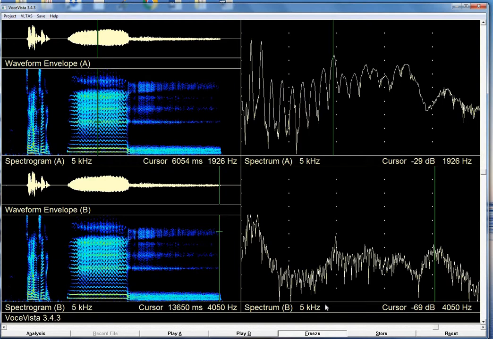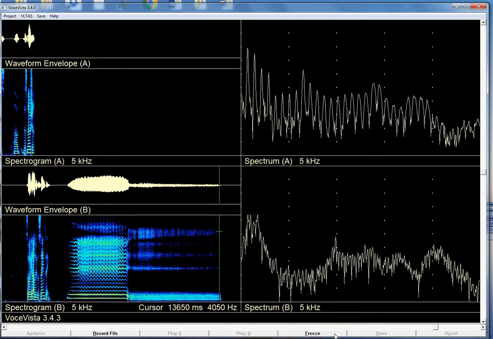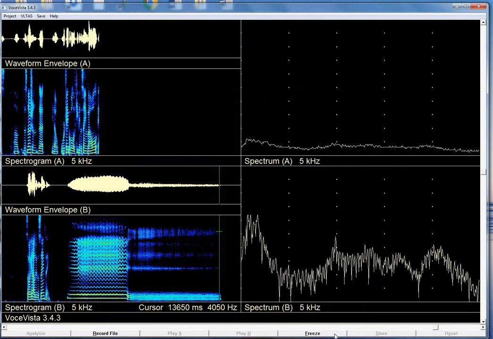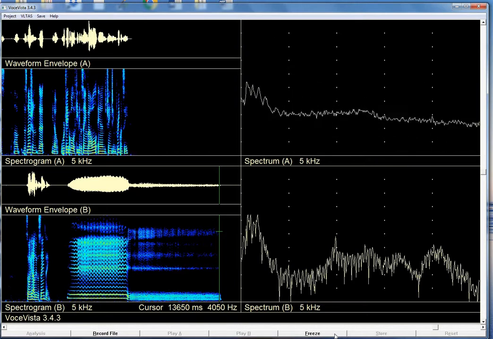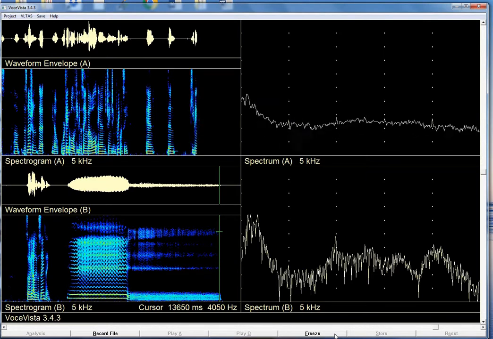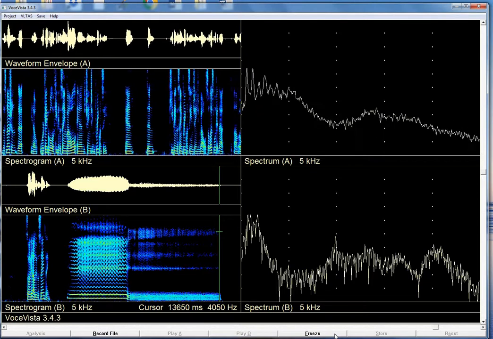One last thing that I wanted to demonstrate, and that is this notion that we're capable of keeping the same vowel and changing frequency, and then keeping the same frequency and changing vowels. So let's look at that over time.